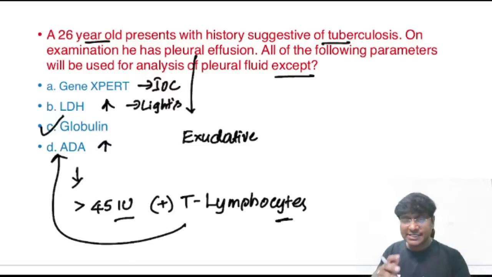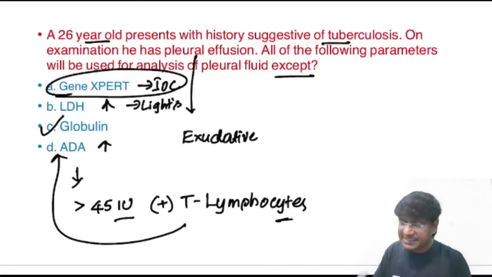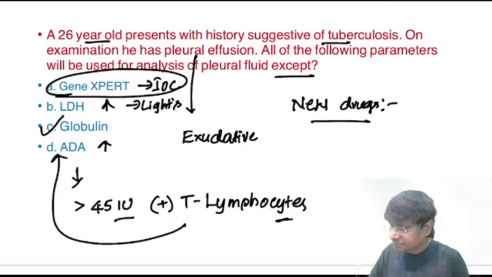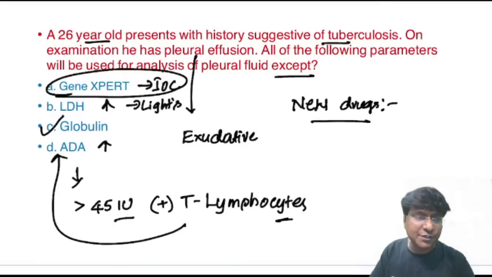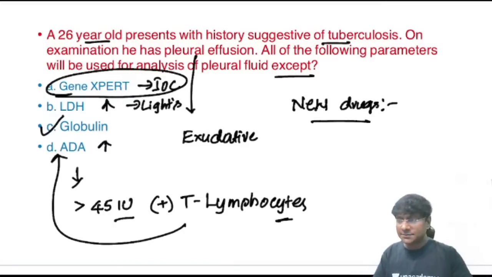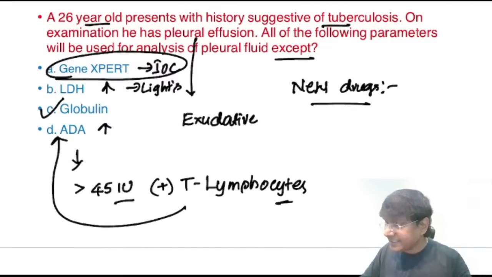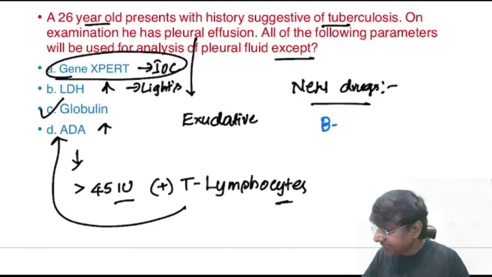Now, in tuberculosis, you are very much aware that the investigation of choice is gene expert. Now, does anyone know what the new drugs for tuberculosis are? What are the new drugs for tuberculosis? Any one of you, please? So the new drugs for tuberculosis, just make a note of it, include, right, very good, bedaquiline.